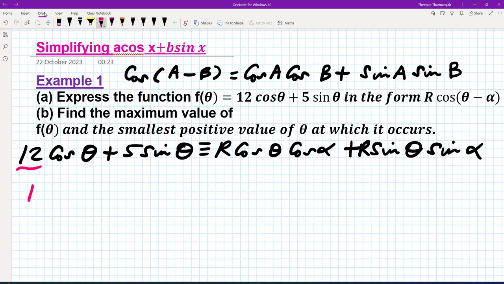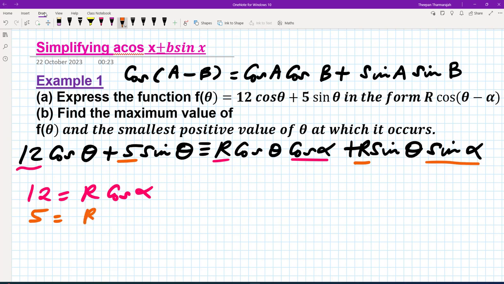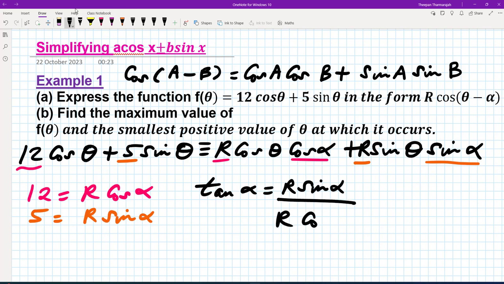So 12, the coefficient of cos theta, must be the same as r cos alpha, and 5, the coefficient of sine theta, is the same as r sine alpha. So now we can say that tan alpha is r sine alpha divided by r cos alpha. So tan alpha is going to be 5 over 12.